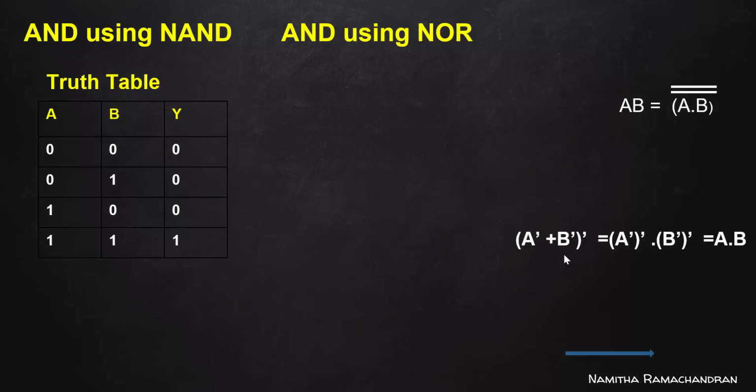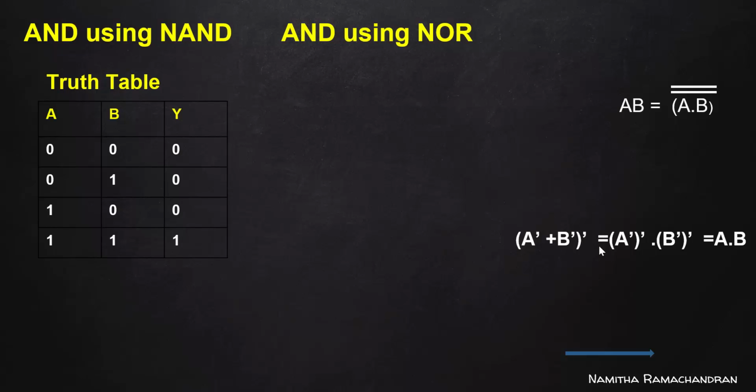Take another NOR gate, generate the complement of B input. Now we have A complement and B complement separately. These two pass as the two different inputs of another NOR gate. So the output becomes (A complement plus B complement) all complement.